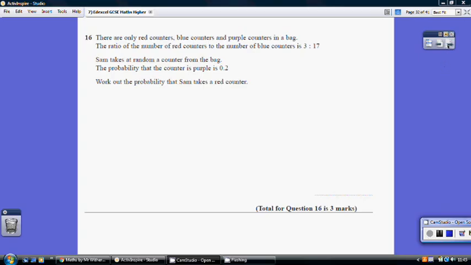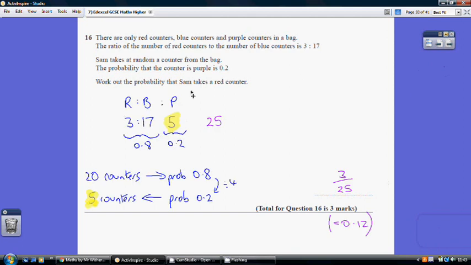Question 16. So we're given the ratio of red to blue is 3 to 17. But then we're told that the probability of purple is 0.2. So if the probability of purple is 0.2, then the probability of the red and the blue together must be 0.8.